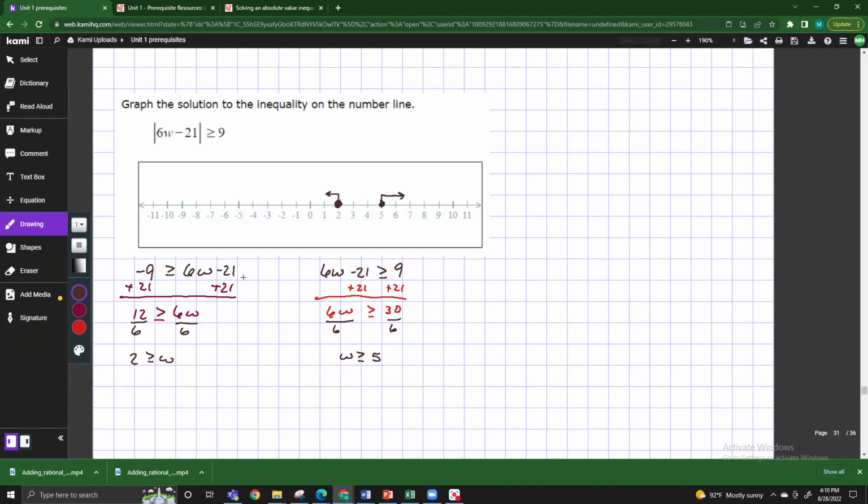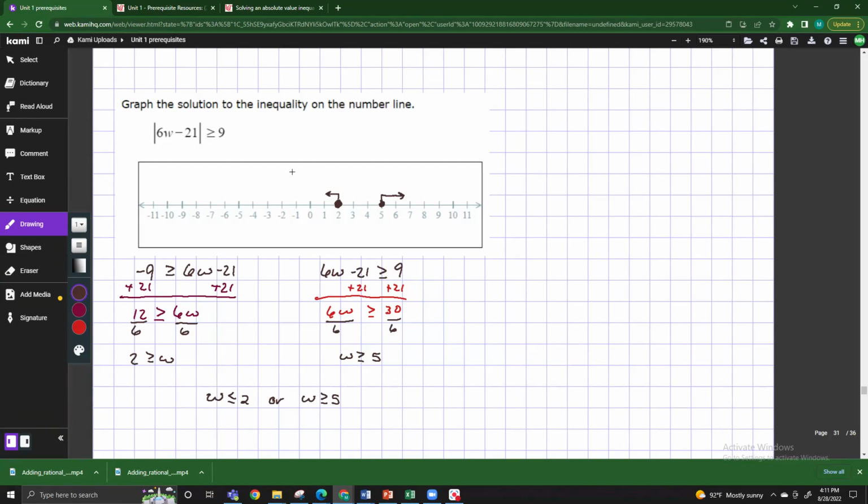So my shading is going to go less than 2 and greater than 5. If I was writing this, because the smallest number has a less than by it, I would put w is less than or equal to 2. There is a gap in my picture as well, and then or w is greater than or equal to 5.